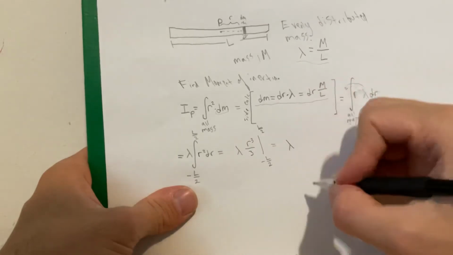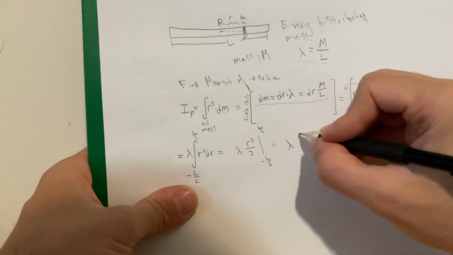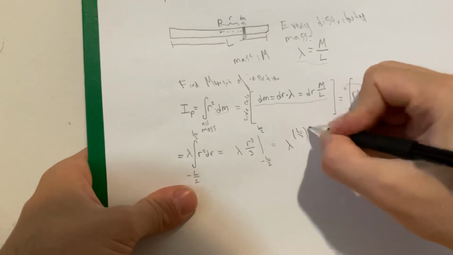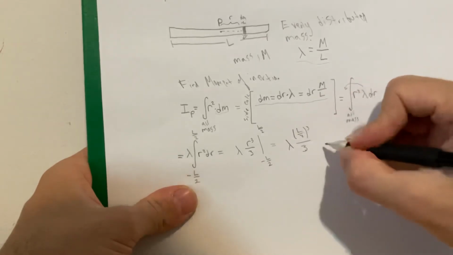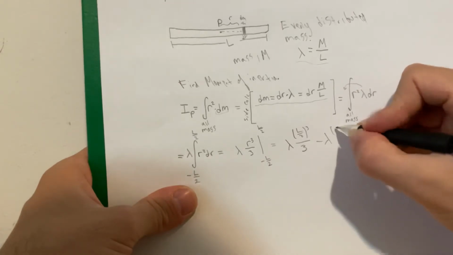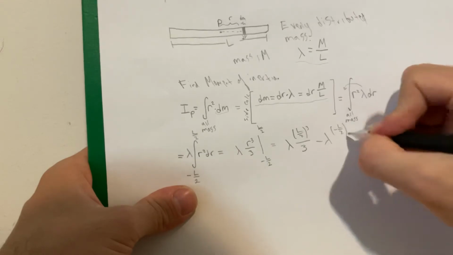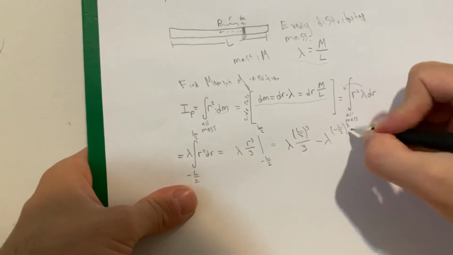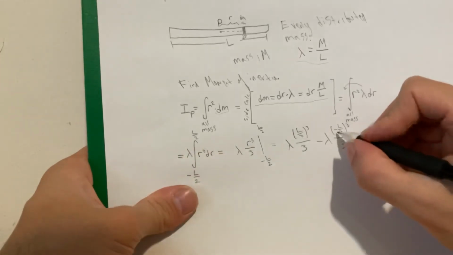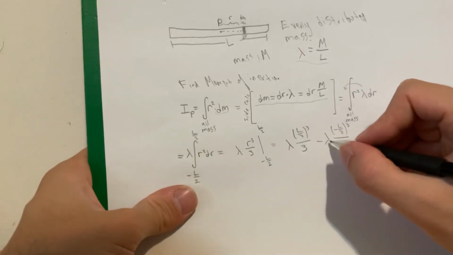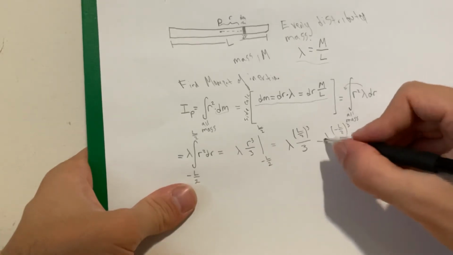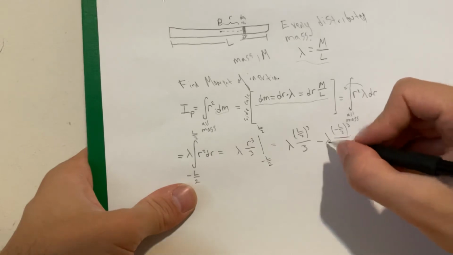We get L over 2 to the third all over 3, minus minus L over 2 all the way to the third divided by 3. Now, this minus we can pull out of the parentheses, because we've got an odd power here. When we pull it out, we get a minus minus, so this turns into plus.